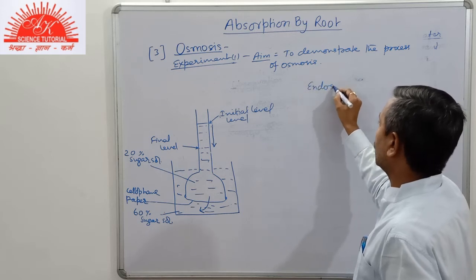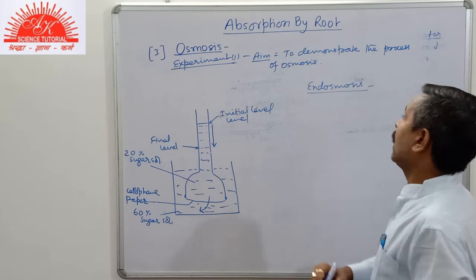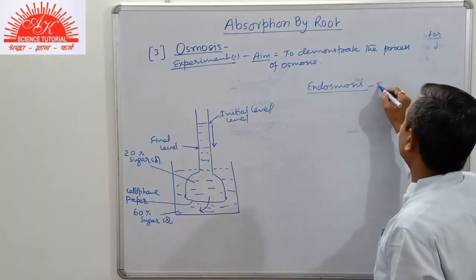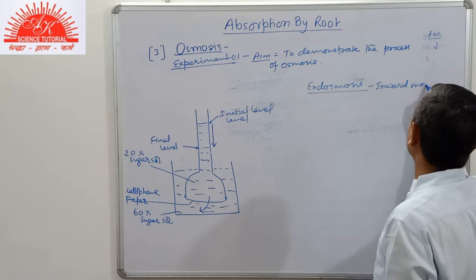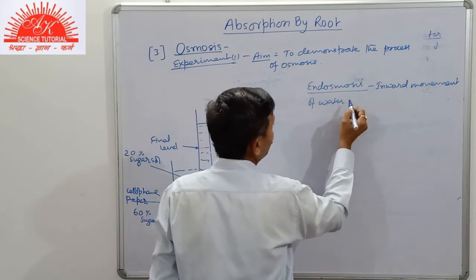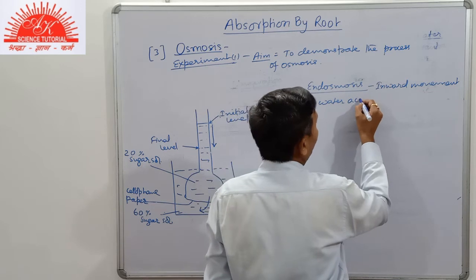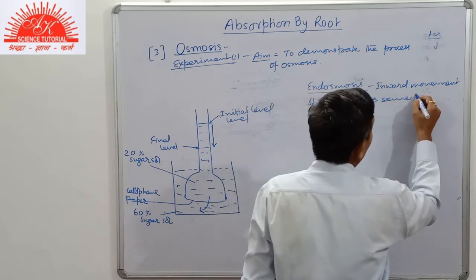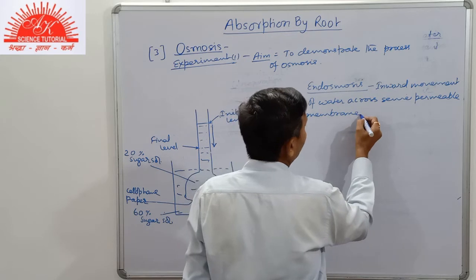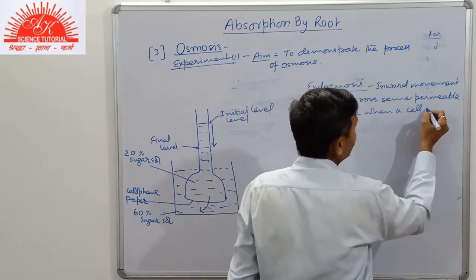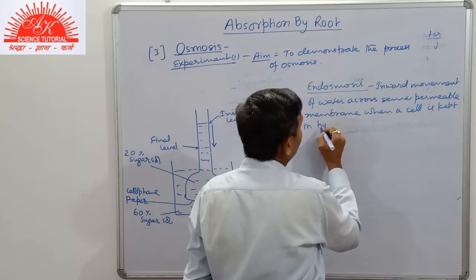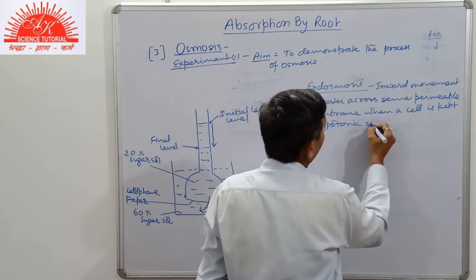Now, on the basis of this direction, there may be two types. First, endosmosis. As the name suggests, endo means inward, inside. So this is the inward movement of water across a semi-permeable membrane when a cell is kept in hypotonic solution.